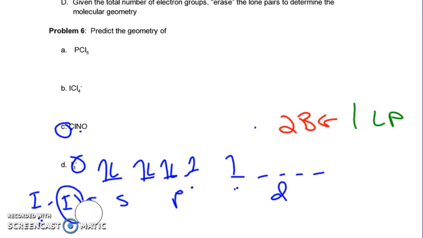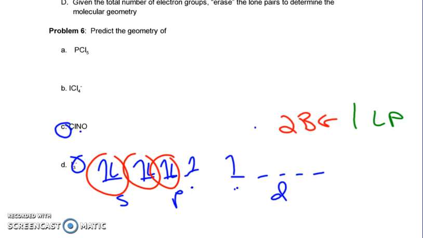So if I look at my orbital notation, it tells me very clearly I have 1, 2, 3 lone pairs, a pair means 2, and I have 2 bonding groups. So what is 3 plus 2? 5. What is 5? Trigonal bipyramidal. But how many lone pairs do I have? 3. I'm going to erase 3.